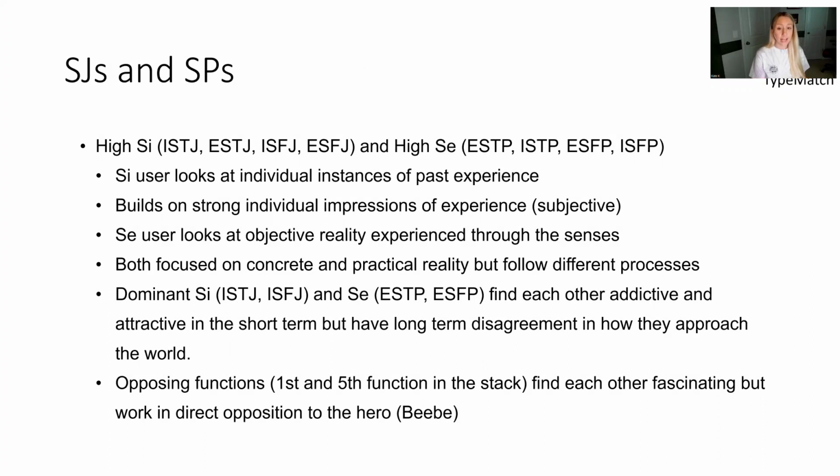First of all, SJs and SP types, high SI users and high SE users. So as I spoke about before, SI looks at individual instances of experience, and they really have a great respect for an individual's personal experience, where SE doesn't as much because it's looking at a lot of different experiences, not just the one.